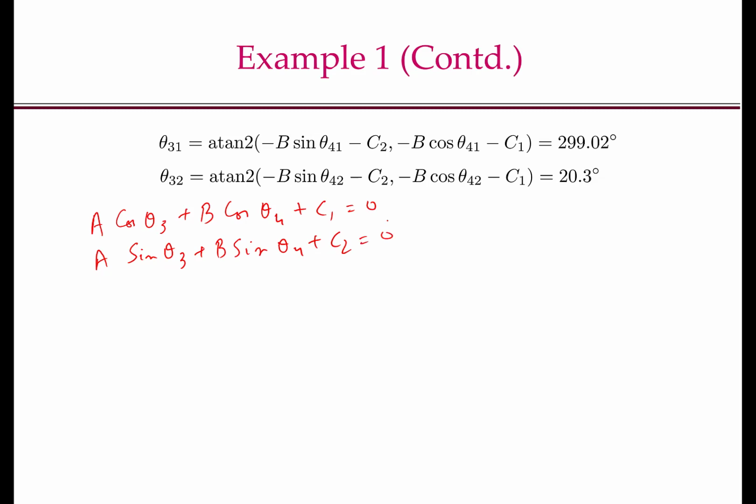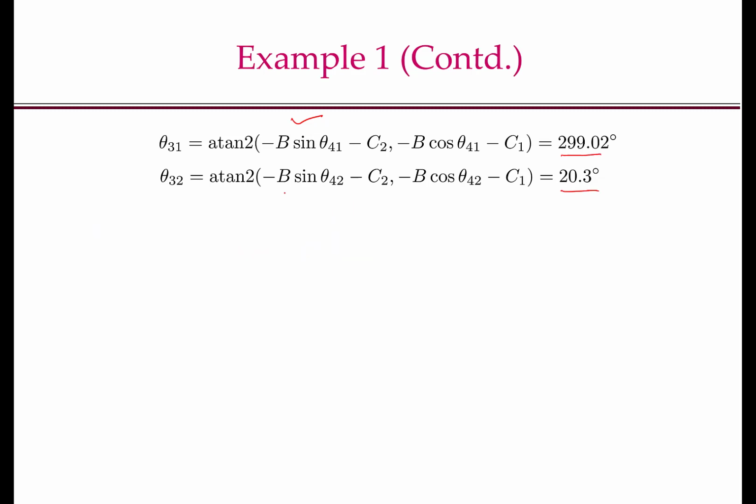So once I have solved for theta 4, the only unknown here is theta 3. And again, I can use the atan2 function to solve for theta 3. The expressions are shown here, and if you use these to solve for theta 3.1 and theta 3.2, we get the following angles. So in this case, there are indeed two solutions to the position kinematics problem.